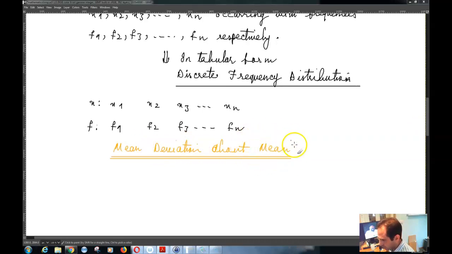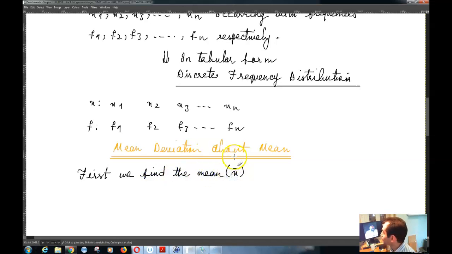So first we need to find the mean, which is x bar of the given data, by using this formula. You know that x bar is equal to sigma of xi fi divided by sigma fi.